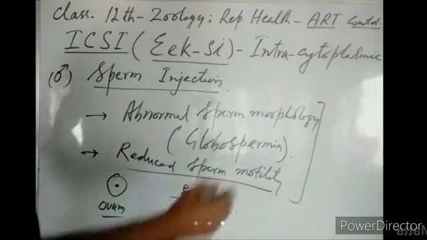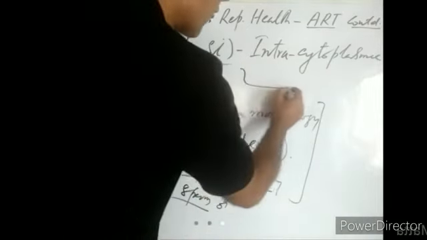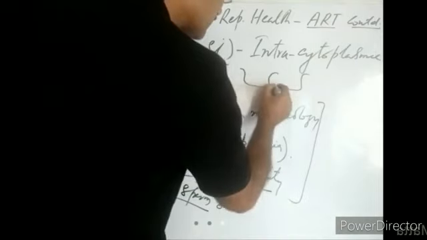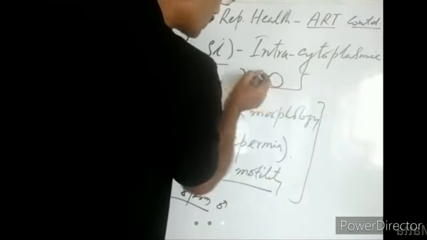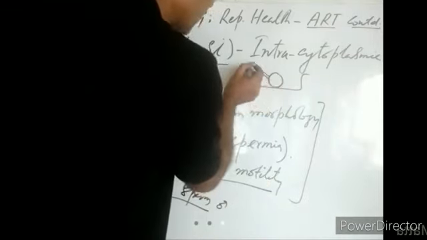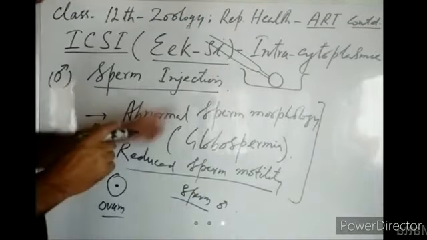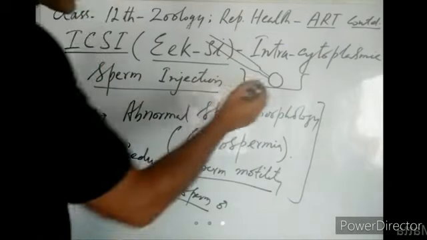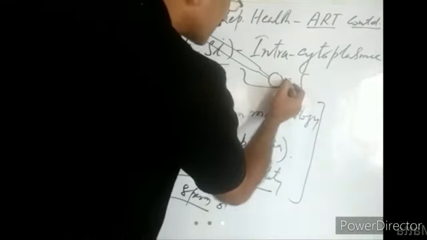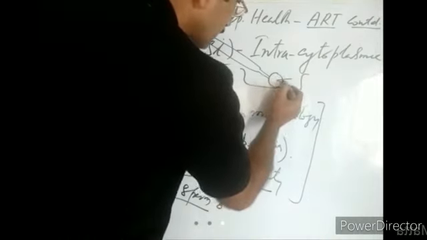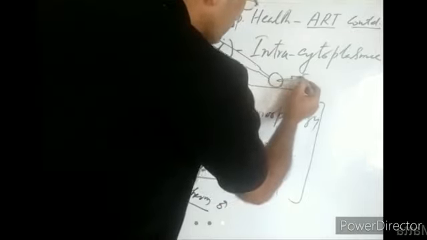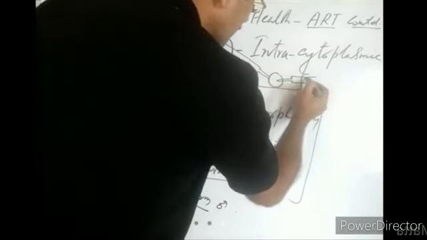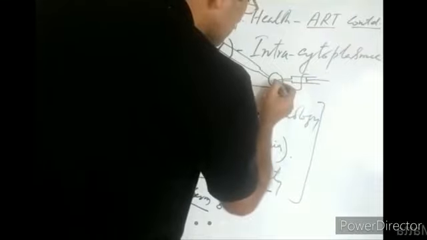Then the ovum is kept in a petri dish, and in the petri dish it is held in position with the help of a micropipette. Then a sperm is injected into this ovum through a micro needle.